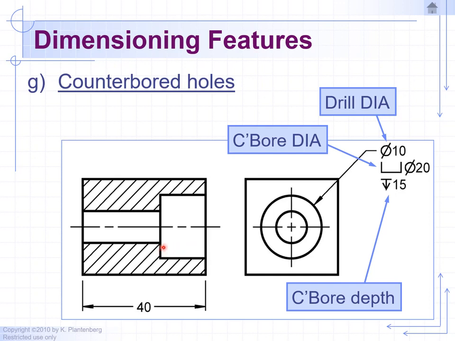Okay, so how do we call out a counterbored hole? Keep in mind that if you're looking at an old drawing, you'll see the word counterbore or C-bore. But now we use the counterbored symbol. So earlier we talked about symbols in the last lecture. Okay, so using a leader, and you want the text floating towards the top and the leader pointing down and the arrowhead pointing towards the center.